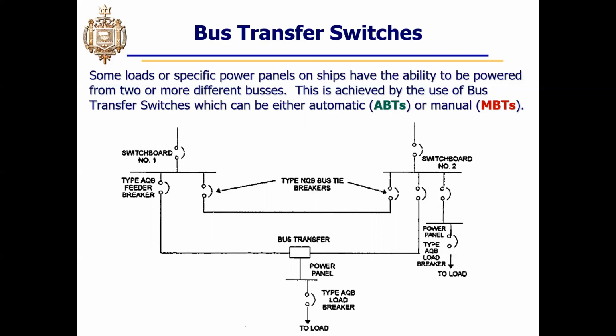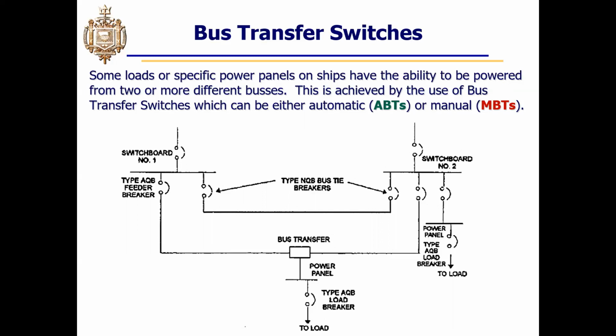There's a lot of maintenance that goes with these ABTs, and it requires special photo tach instruments to verify their timing and that they switch as fast as they're supposed to, and also to monitor the output of the power supplies to verify that the interruption for the switch-over is not going to be adverse to the load. So again, ABTs transfer power automatically, and MBTs require you to manually shift it.